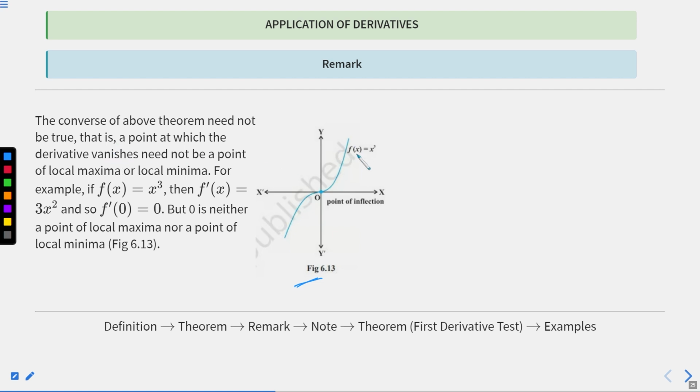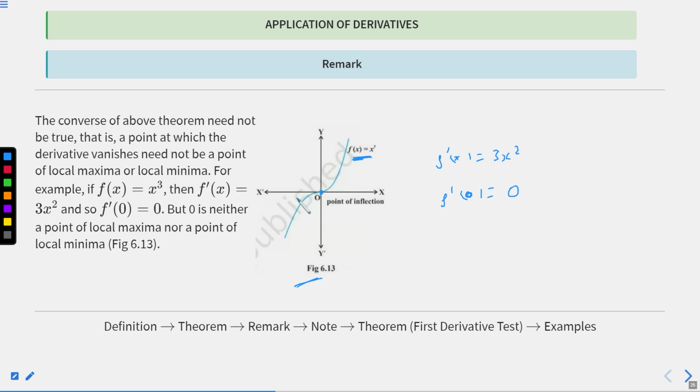As you can see using this example, f prime x will be 3x square. This means f prime 0 will be 0. But as you can see, f prime is equal to 0 at 0, but this point is neither a maximum nor a minimum value.